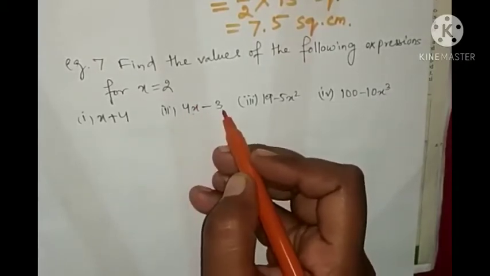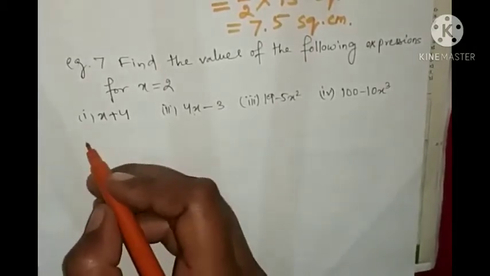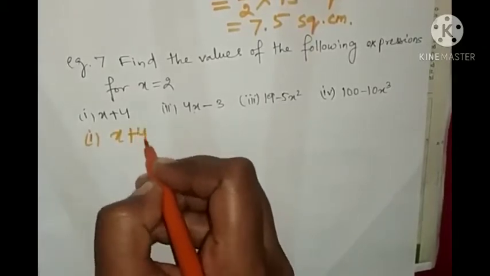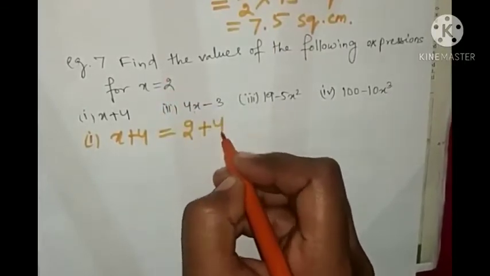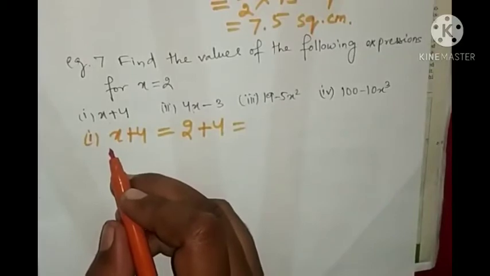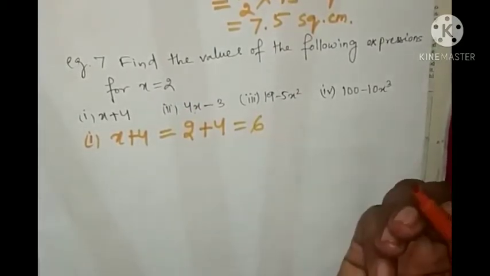Do not change 4 and 3, because these are constants. So let's put the value. First, x plus 4: x is 2, so put 2 plus 4. Do not change anything else, only the value of x. 2 plus 4 is 6.